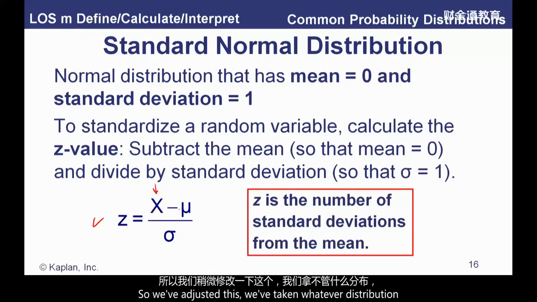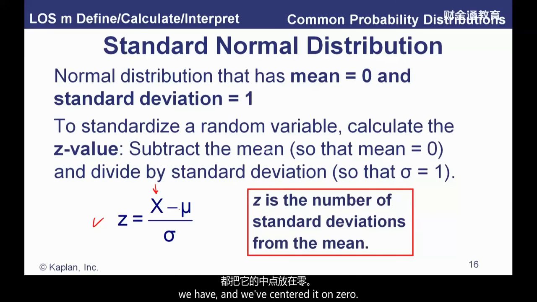We've taken whatever distribution we have and centered it on 0. And now we're going to take the standard deviation and divide by that.